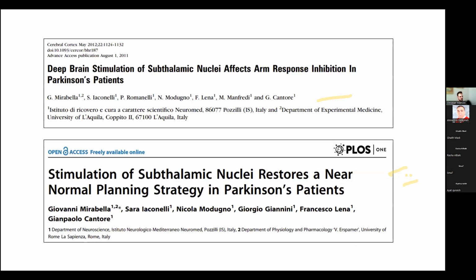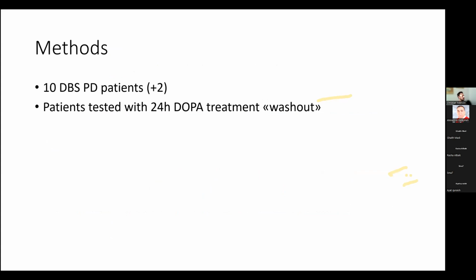Here are the two papers, and let's see what we did.